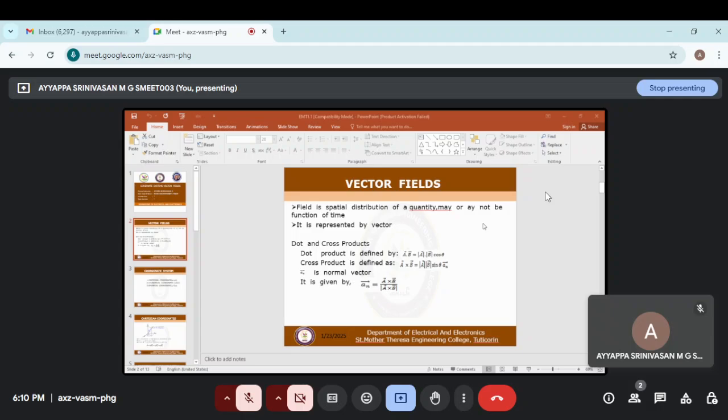Likewise, for the cross product, we multiply the magnitudes of A and B, and by the sine of the angle between them. In it we have a vector called AN, the normal vector, and its magnitude is given by A cross B by A into B. So this is the fundamental thing.